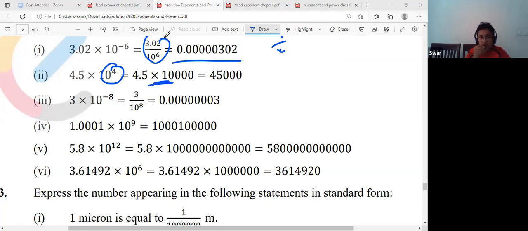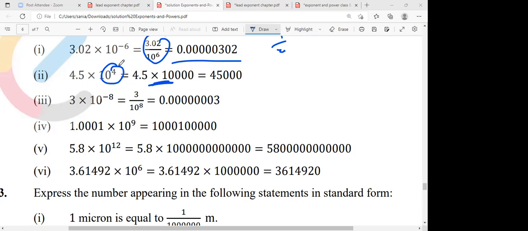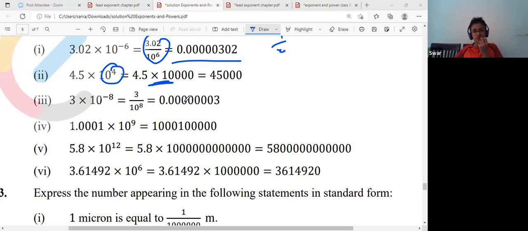The fourth one is also correct. Wait, there's a sixth one also; I have to do it. So all of them are right? No, ma'am, in the fifth one, the fourth.